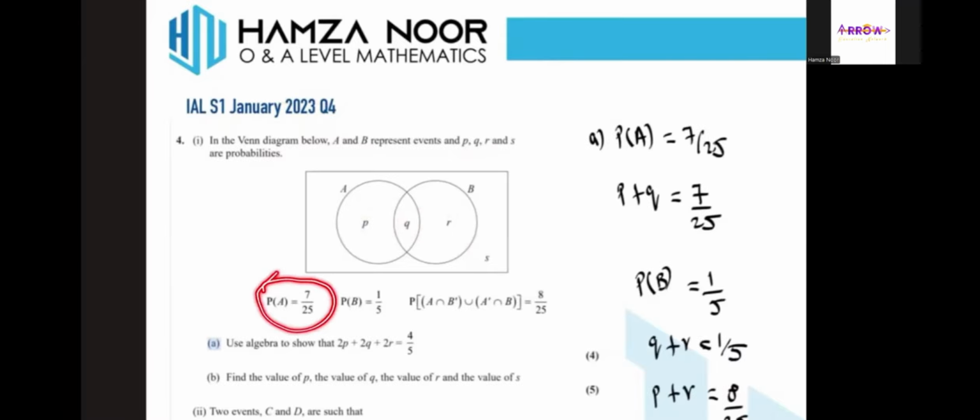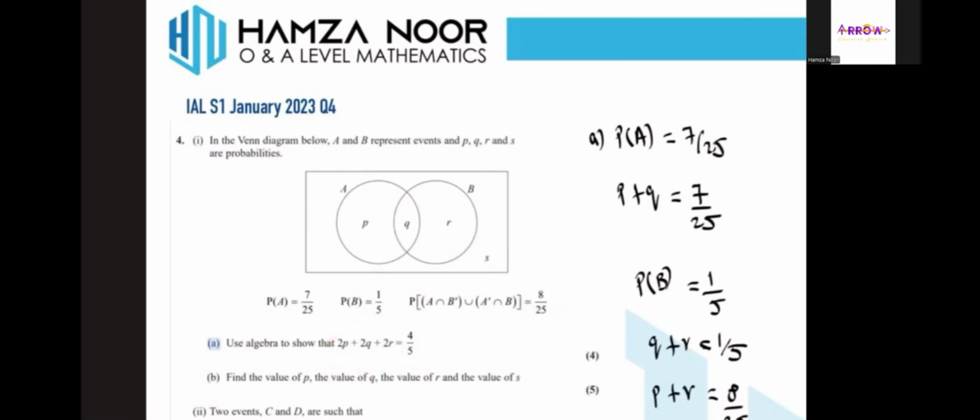The probability of event A is 7 over 25, the probability of event B is 1 over 5, and the probability of A intersection B complement union A complement intersection B is 8 over 25. Use algebra to show that 2P plus 2Q plus 2R is equal to 4 over 5.